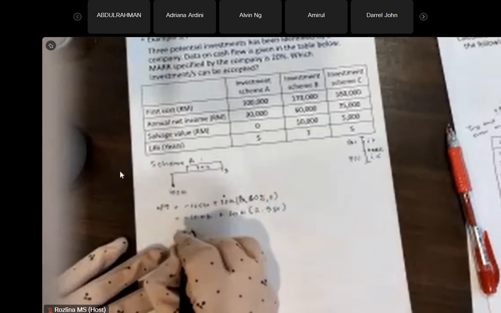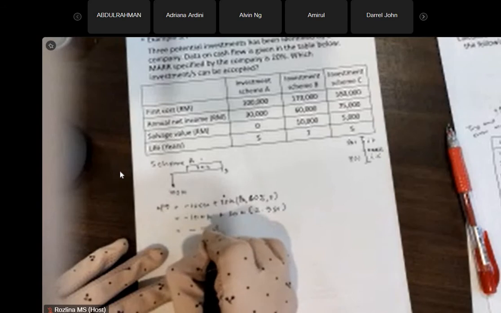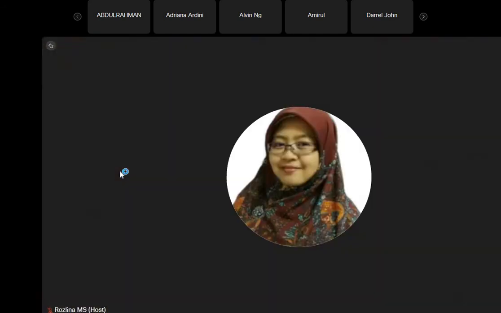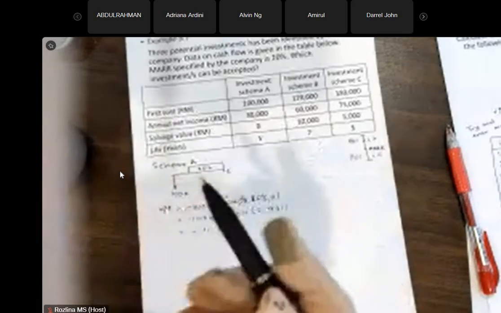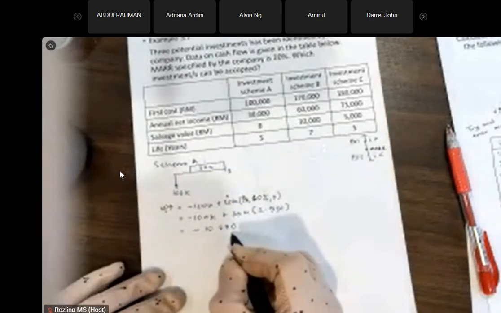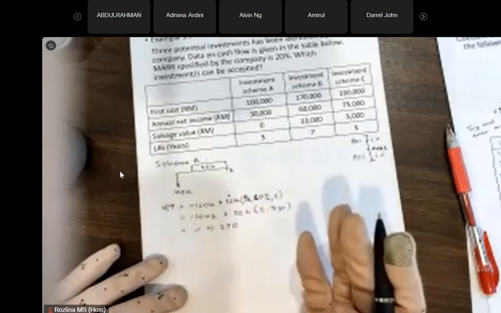So the P total here is negative 10,270. Okay, so negative 10,270. So how do we comment on this one?